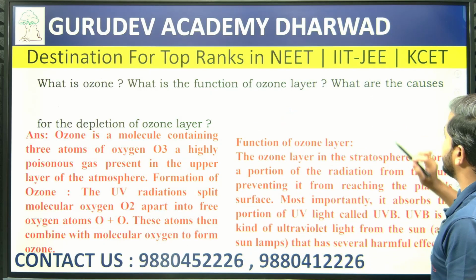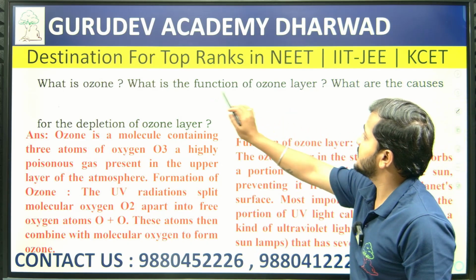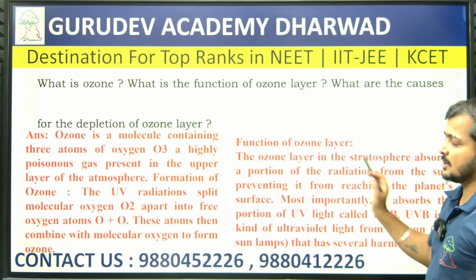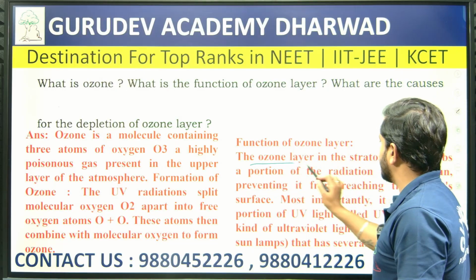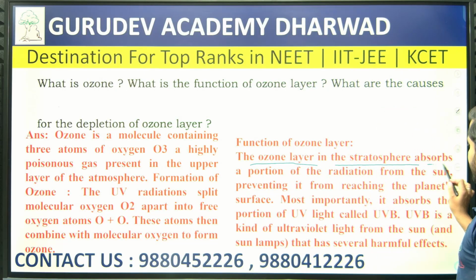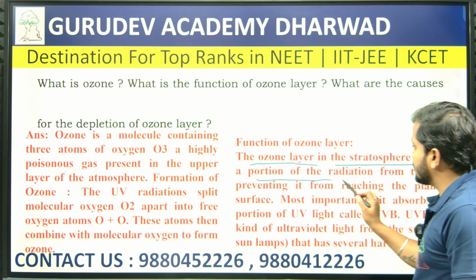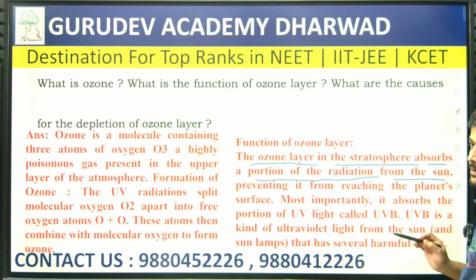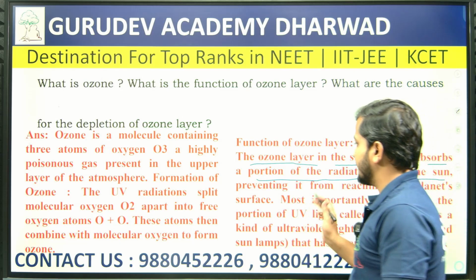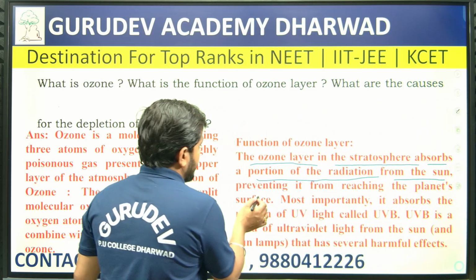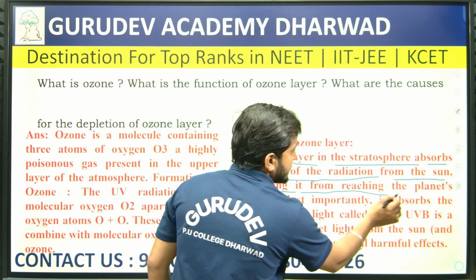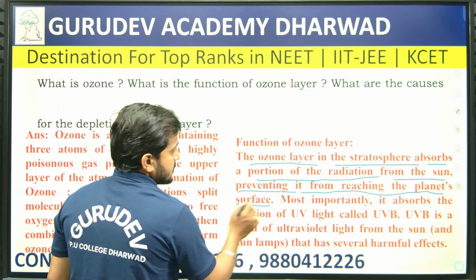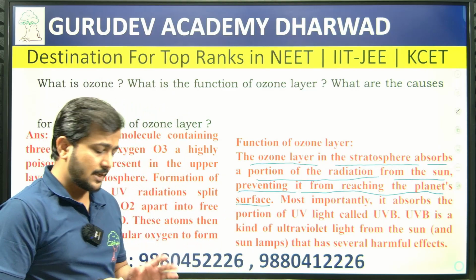Then what is the function of the ozone layer? The ozone layer in the stratosphere absorbs a portion of radiation from the sun, which prevents it from reaching the planet's surface, the earth's surface.